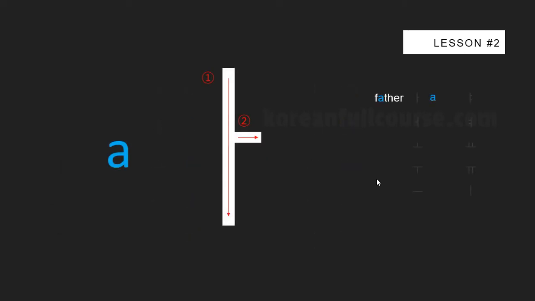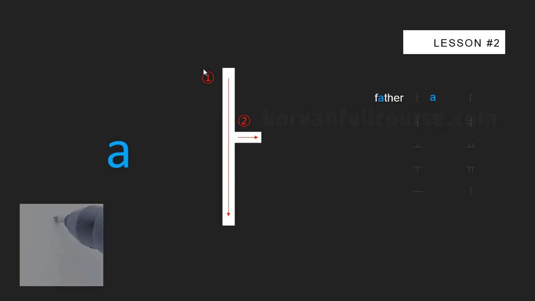Here's the first letter, A, and it represents a combination of two strokes, one vertical stroke which you start drawing first, and the second stroke is a short horizontal one. As mentioned in the previous lesson, whenever you see a vertical stroke, you start drawing it from the top to bottom.